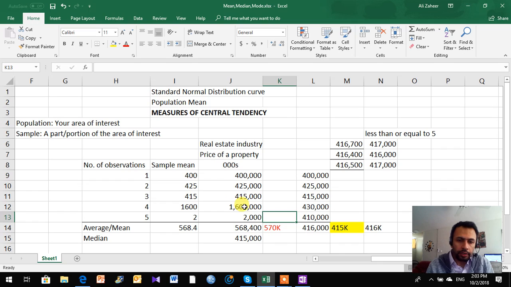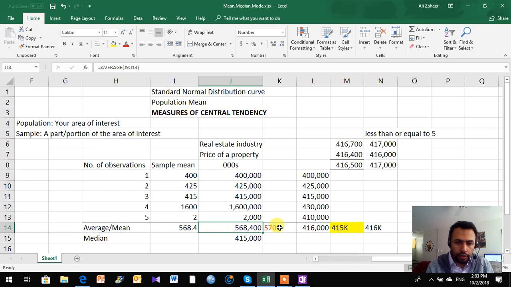You can see there are some figures in the prices that are quite high or quite low. So 1.6 million is quite high, but 2000 is quite low. These two numbers are going to affect the price of the property itself.